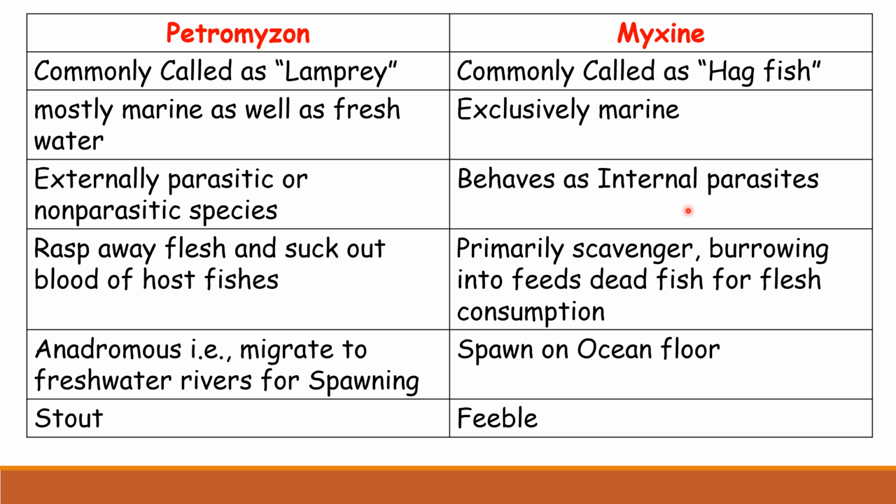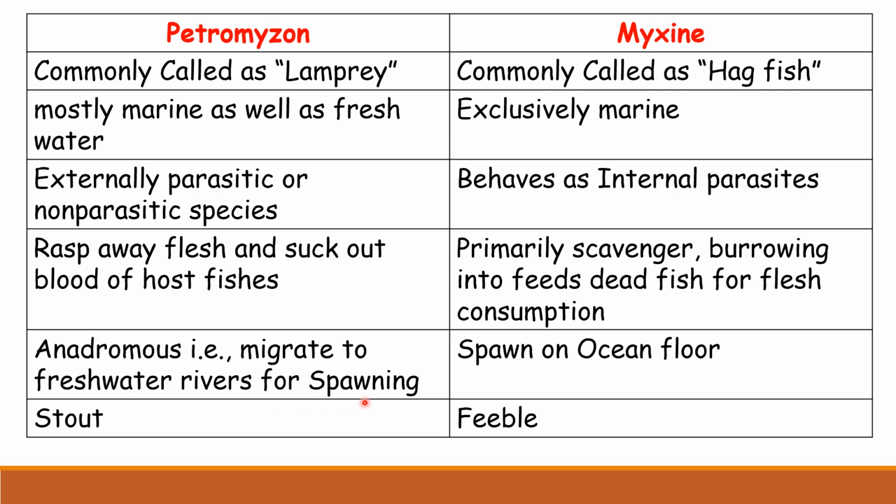So that's why Myxine or hagfishes are considered internal parasites, but that doesn't mean they live inside a fish's body; they search for a dead fish's body. Now coming to the character of spawning. Here Petromyzon or lampreys exhibit a unique characteristic, that is migration.